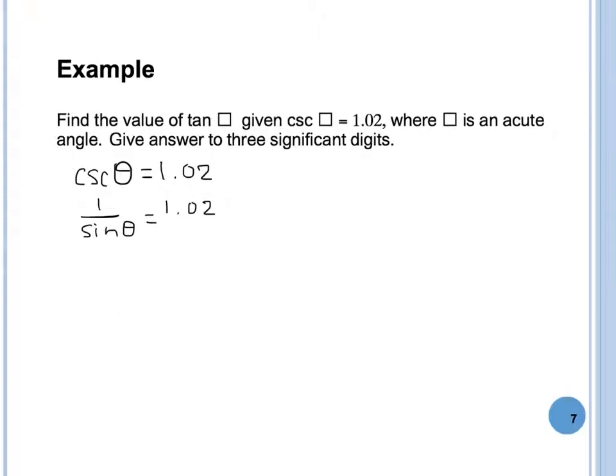So if I want to find the sine of this angle, I need to use the reciprocal of the 1.02, which is not how a mathematician likes to write these things, but this would be the easiest way to understand what we have. So if I want to get an angle by itself, I need to use the inverse.